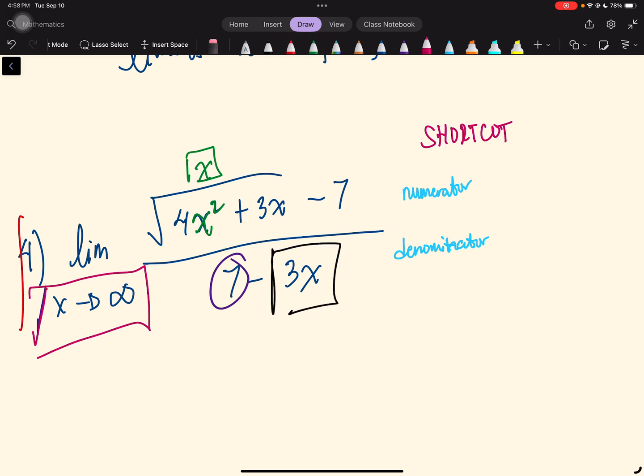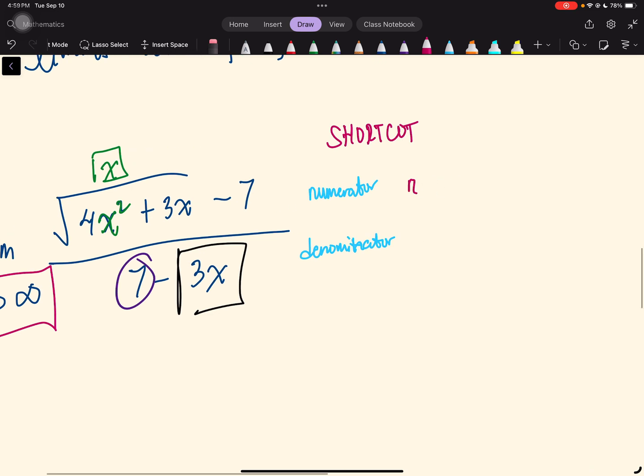Guys, whenever you see that the highest degree in the numerator is equal sa highest degree ng denominator, i-divide nyo lang yung coefficient niya.